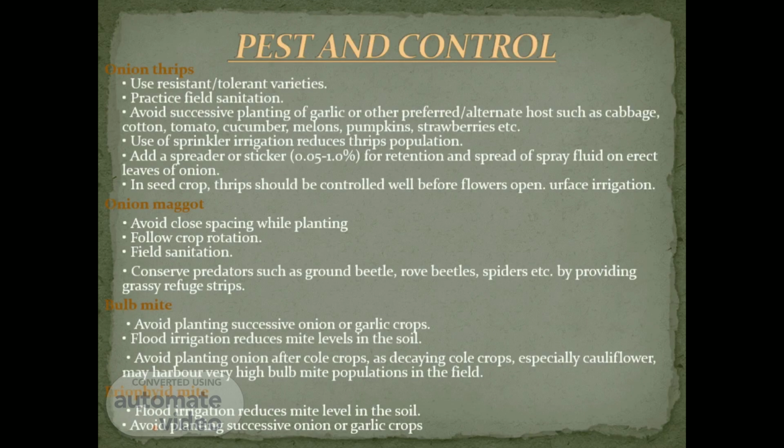Pest and control. First, onion thrips. They are controlled by using resistant and tolerant varieties, by practicing field sanitization, by avoiding successive planting of garlic or other preferred alternate host such as cabbage, cotton, tomato, cucumber, melons, pumpkins, strawberries, etc. By using sprinkler irrigation, as it reduces thrips population.